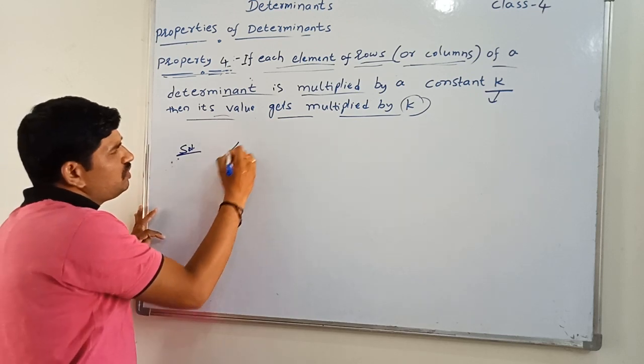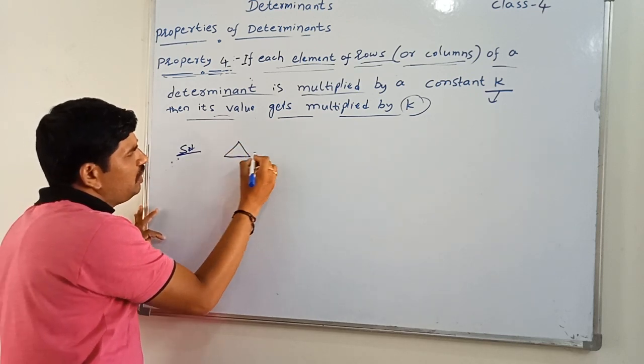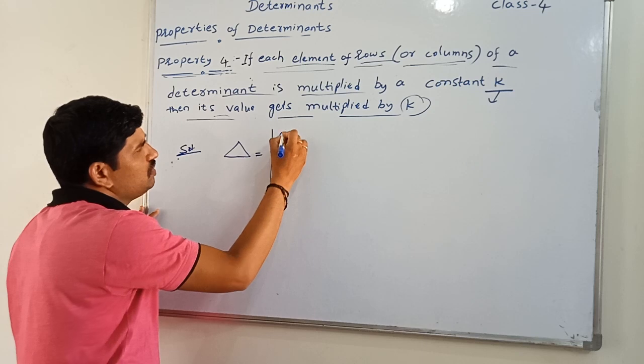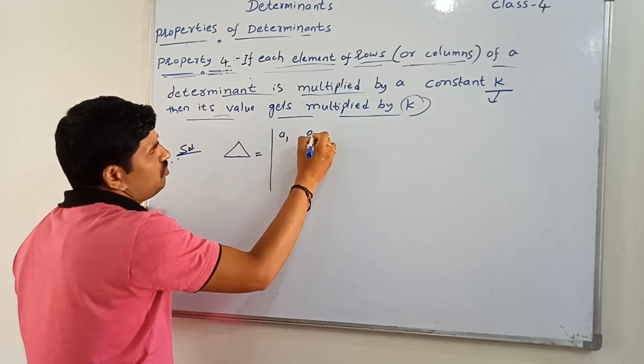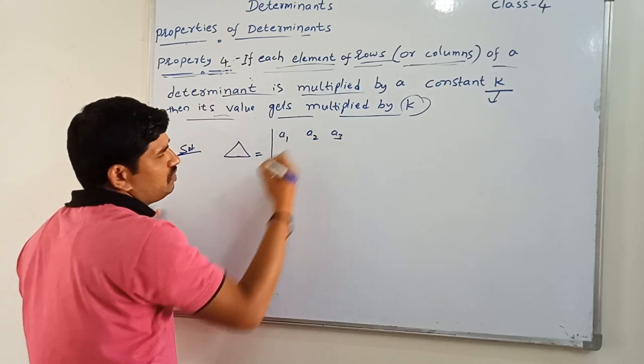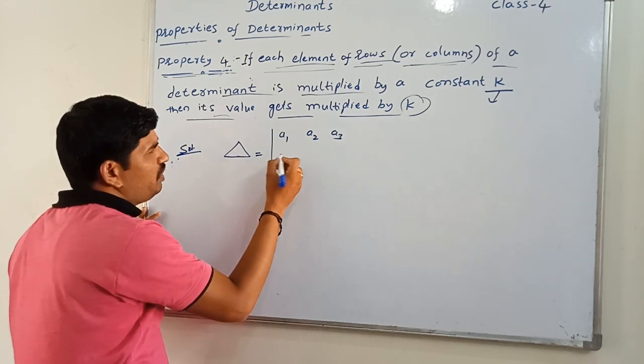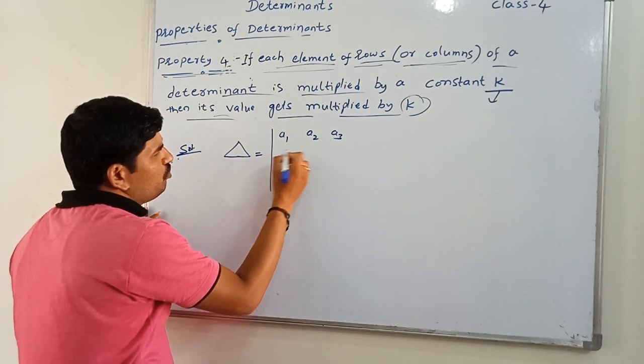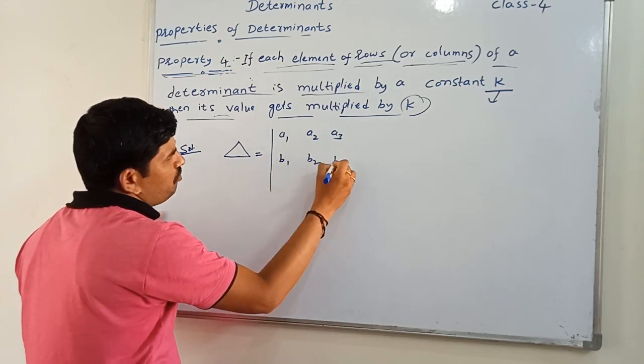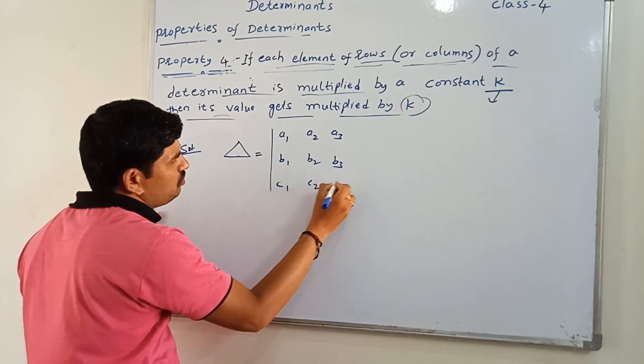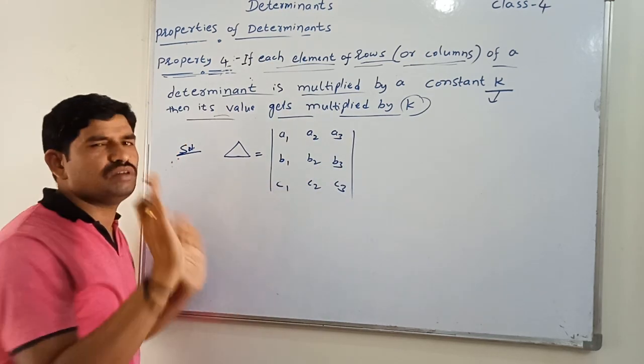Suppose we take the determinant with rows a1, a2, a3, then b1, b2, b3, and c1, c2, c3. I'm taking my own example.